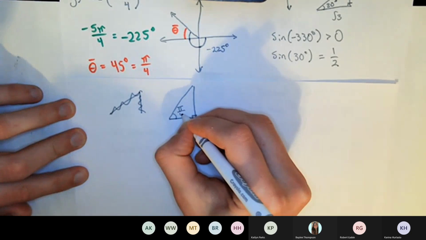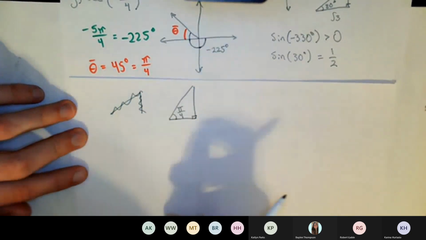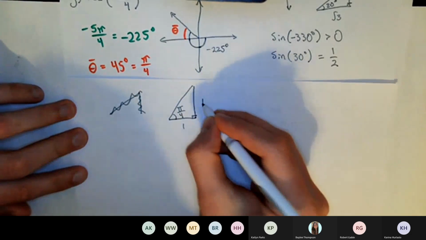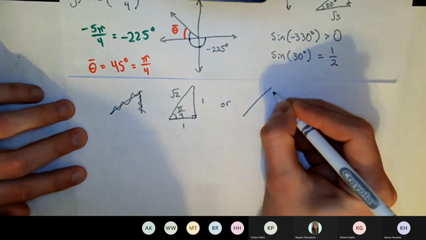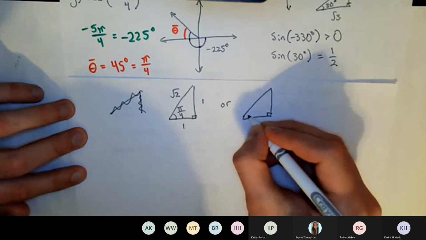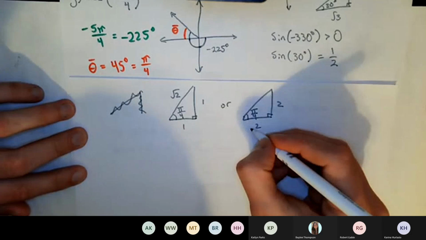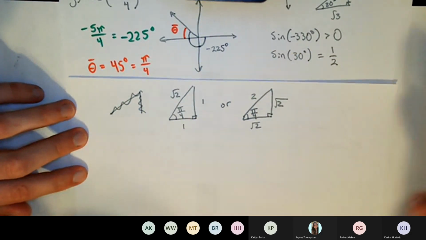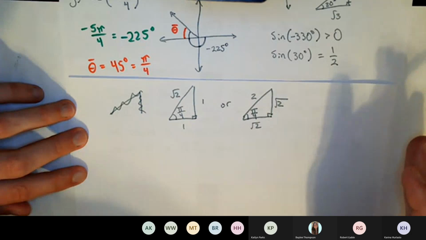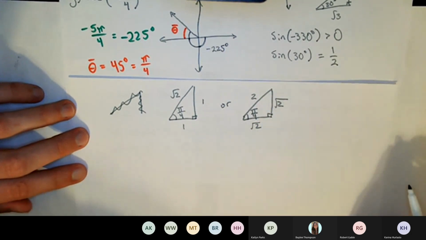Okay, so the angle is pi on 4, and the sides are, I forget how we write it, 1, 1, square root of 2, or if you like, you can write them as square root of 2, square root of 2, and 2. If you want to just scale it up so you don't have to worry about rationalizing the denominators, this is fine. And in fact, that's what I'll use.